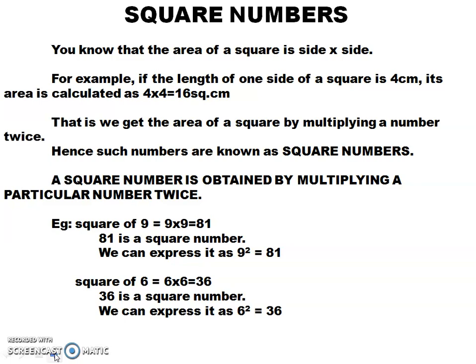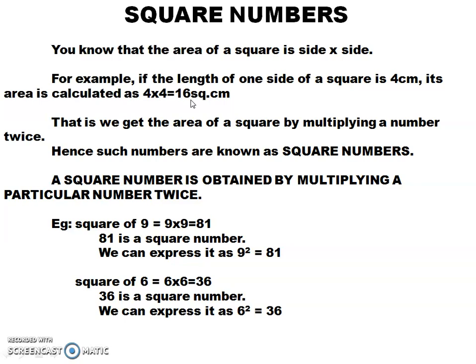What do you mean by twice? Twice means 2 times. That is, here you have the length of one side as 4 centimeter and you are multiplying 4 2 times to get the area of the square. Isn't it? 4 into 4 equal to 16.